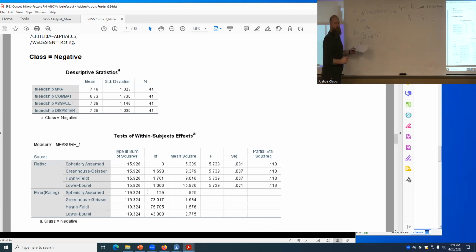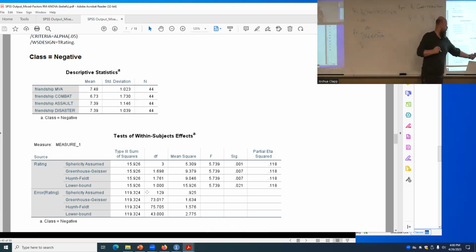That's just the sum of my weights squared, times 1.634. Where did I get that from? It's my Greenhouse-Geisser error, my mean squared error. Mean squared just means variance, it's my error variance right down there, so plug that in.